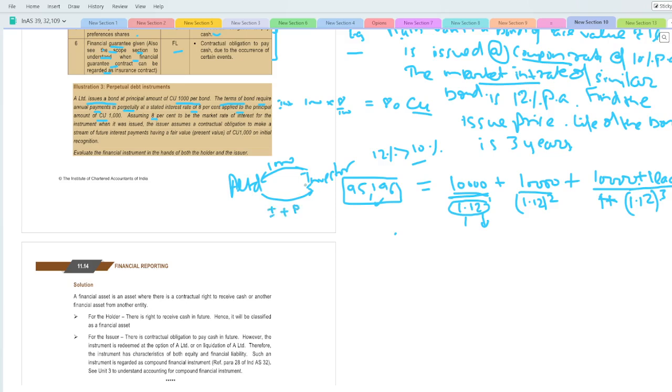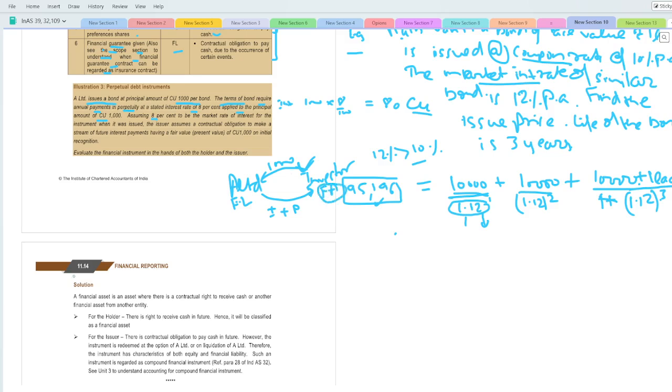Once this leg is completed, only this leg is pending. For A Limited, it will be a financial liability because it has to refund the money it has received from the investor, and for the investor, it will be a financial asset.